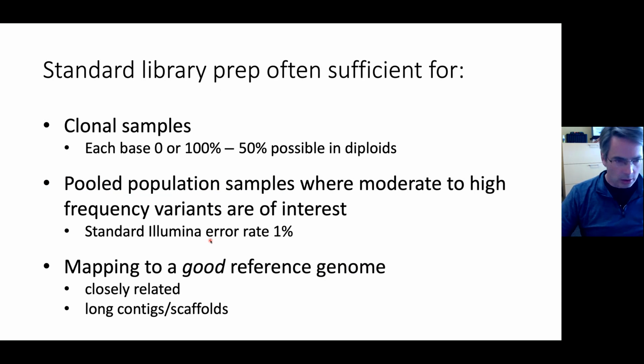That whole standard library preparation is fine if you've got clonal samples, right? You've got lots of sequences from the same individual, for example. So you know that every base is going to be 0 or 100%.